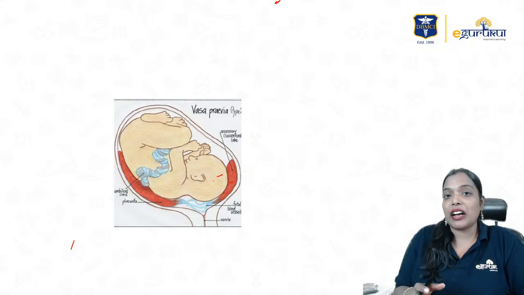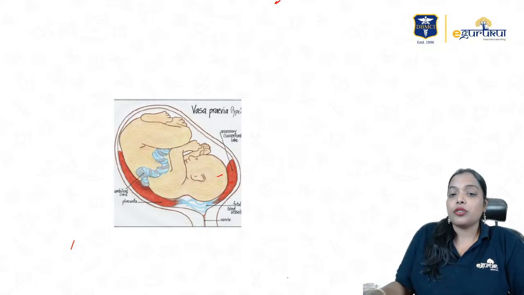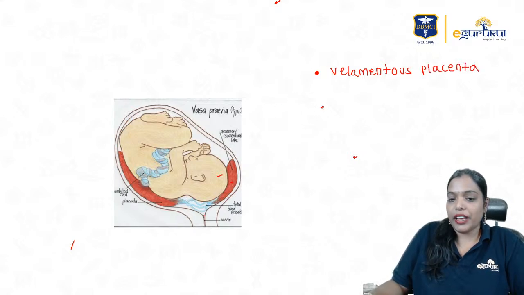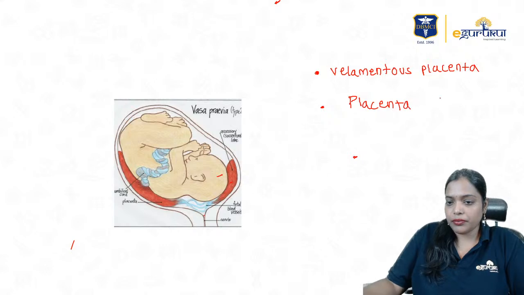Now what all placentas can lead to Vasa previa? Vasa previa can occur when we have velamentous placenta, placenta succenturiata, placenta bilobata.